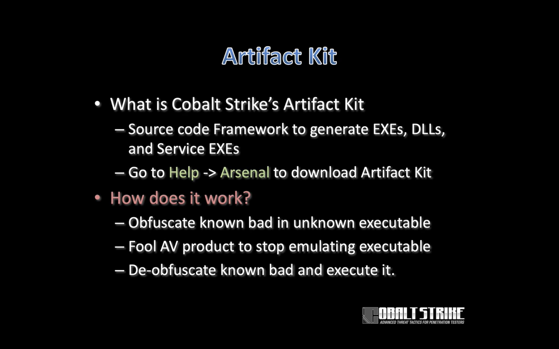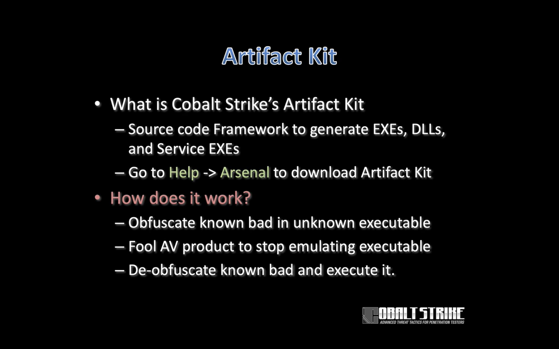How does the source code framework help us defeat some kinds of executable and DLL detection strategies in endpoint security products? Well, the idea behind the artifact kit is to obfuscate known bad into an unknown executable. Making Cobalt Strike's executables unknown is definitely an exercise that is in your hands.